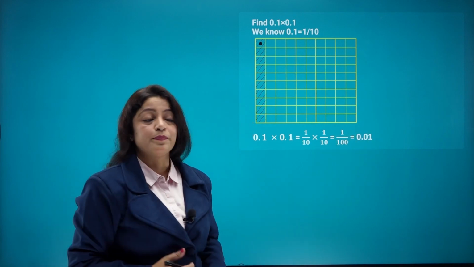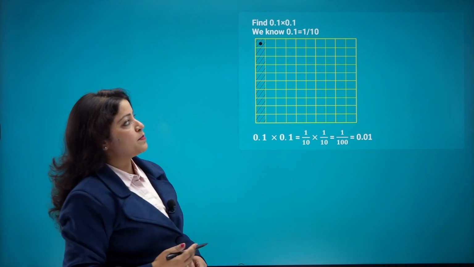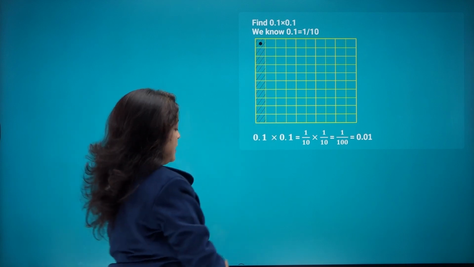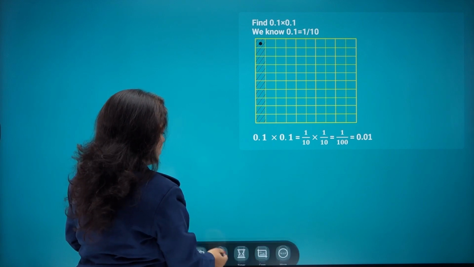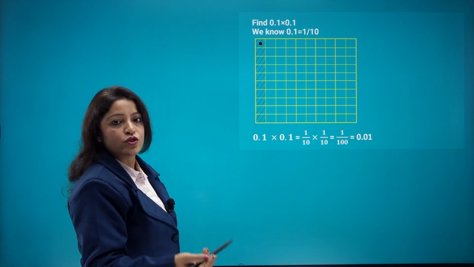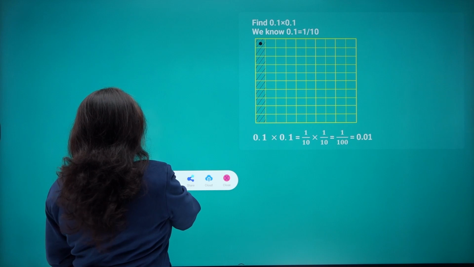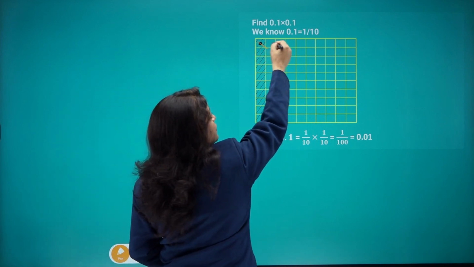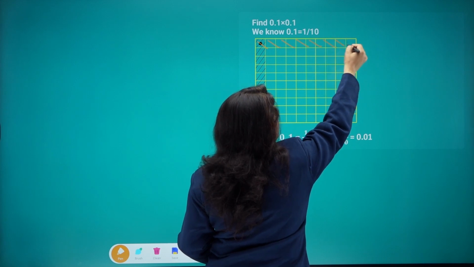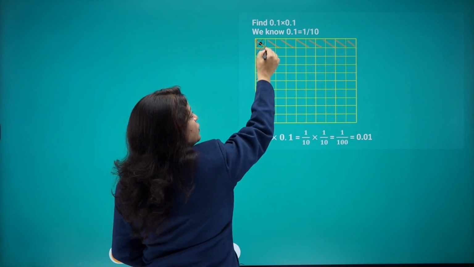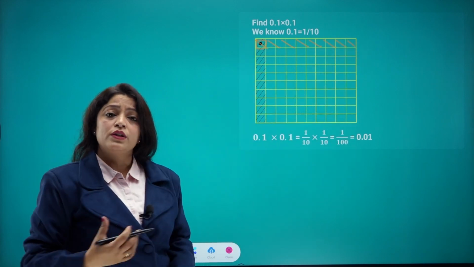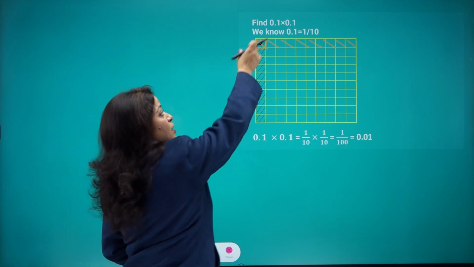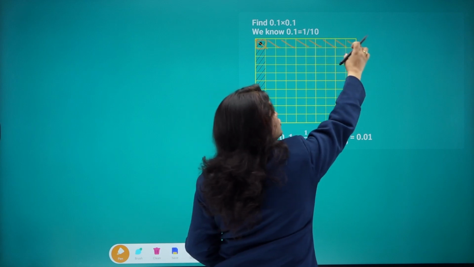Now how did you get this 0.01? That is a question. So here if we see from this particular grid, we see that 1 column is shaded. And now if I take one row also, because we have to do multiplication. Why is this shaded only? So the answer to this will be, if I take one row also which is shaded, only one square is commonly shaded in the first column and the first row.